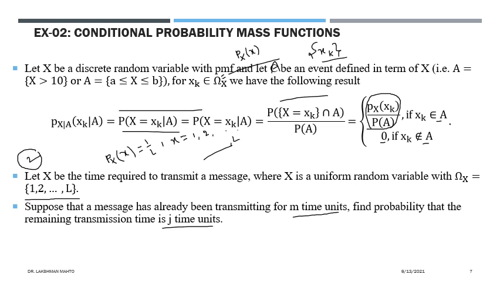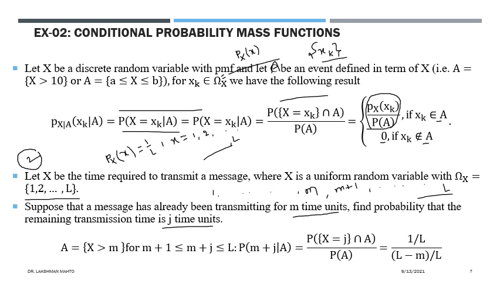That means up to m units we have already observed, from 1 to m, a message has been transmitted, and we have to look at m plus 1 onward to L. So we have to find the probability that the remaining transmission time is j time units, and how can we find that conditional probability?